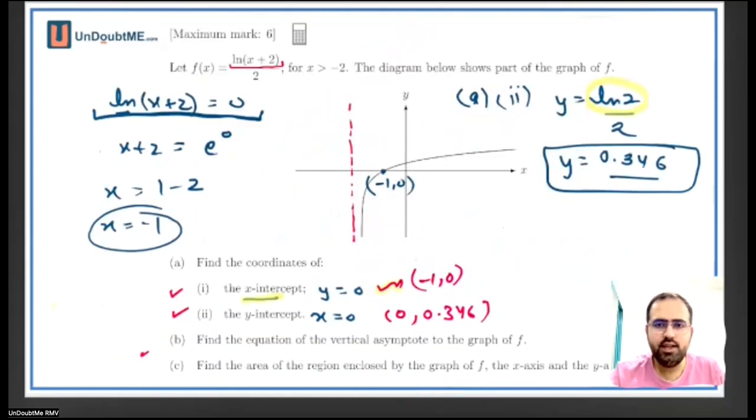So how do we find the area? Can we just do the area of a triangle? For the area of a triangle, what will be the base and height we have to take? Base will be -1 and height will be 0.346.